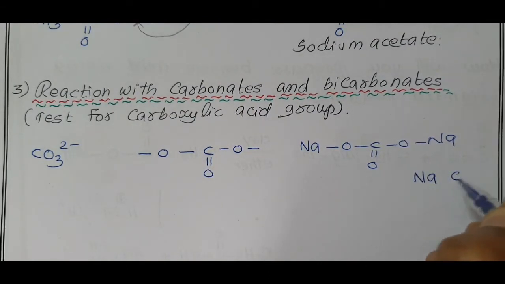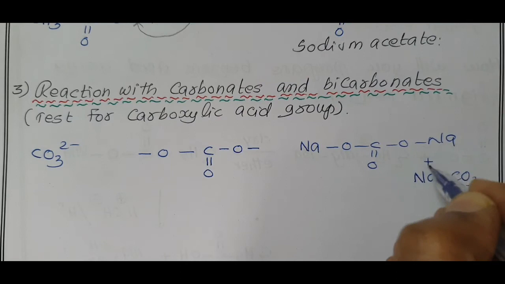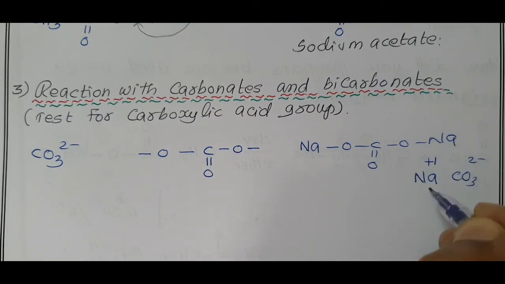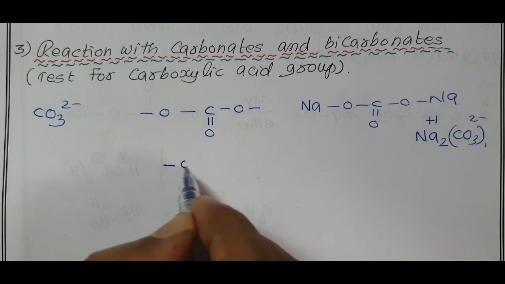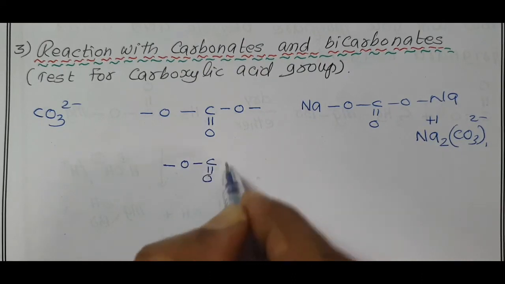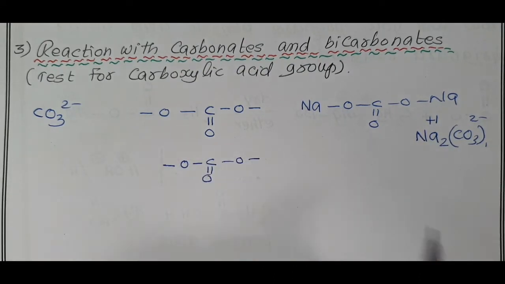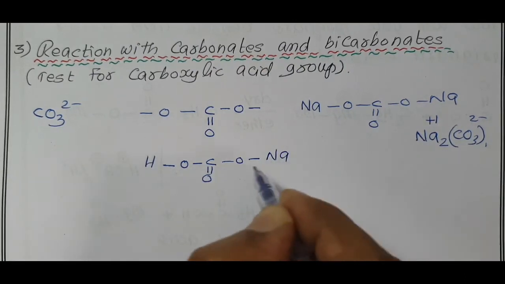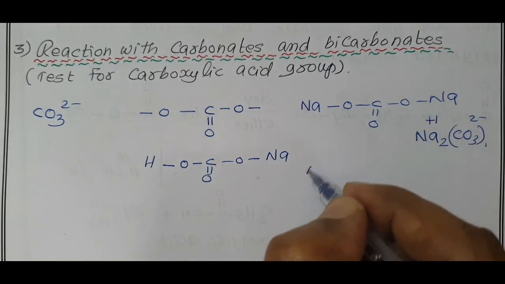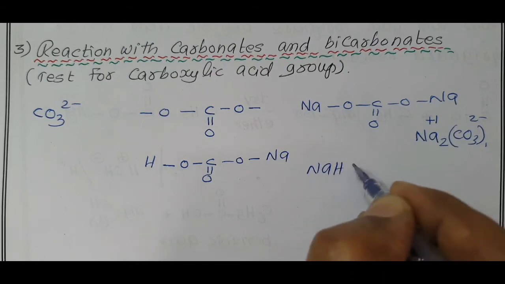Sodium carbonate, molecular formula: Na plus 1, carbonate 2 minus, oxidation state when we crisscross, that 2 is here, this 1 is there. To this carbonate, OC=O minus, this is carbonate. One hydrogen and one sodium attached to these minus, we will get a bicarbonate, NaHCO3.